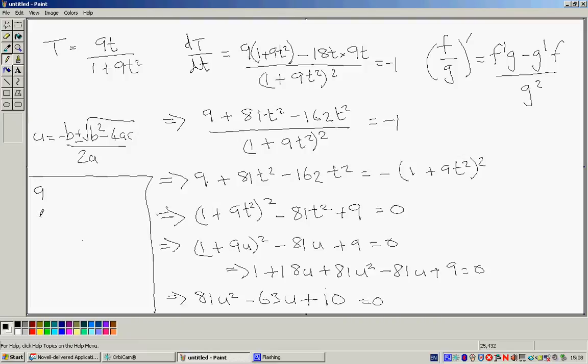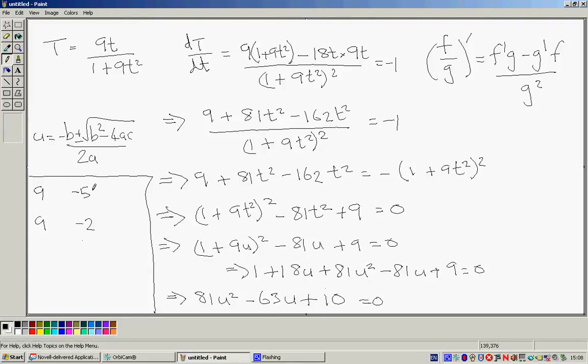So we can choose 9 and 9 and match them up with factors of 10. Well, given that we have a minus sign here, it's likely that the factors of 10 would have to be both negative. And of course I've just happened to choose the correct one, so 9 times minus 2 is minus 18, minus 5 times 9 is minus 45, add those together to get minus 63.